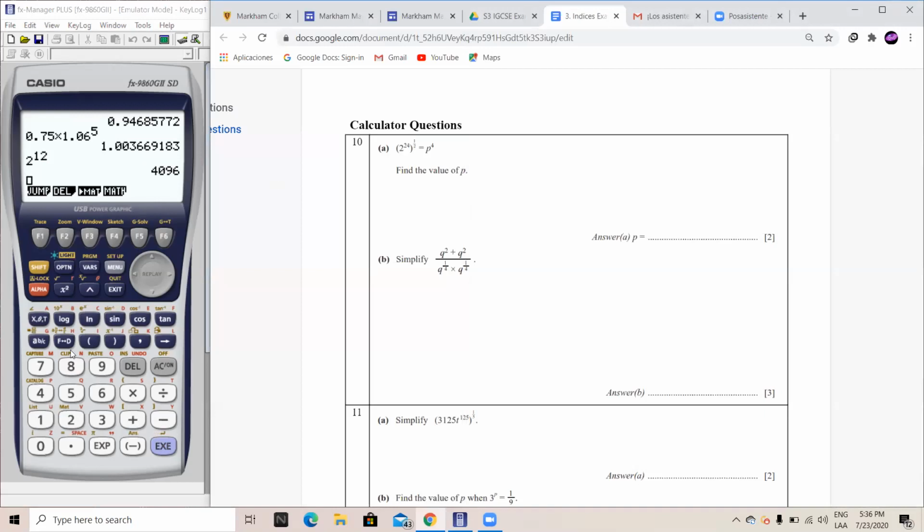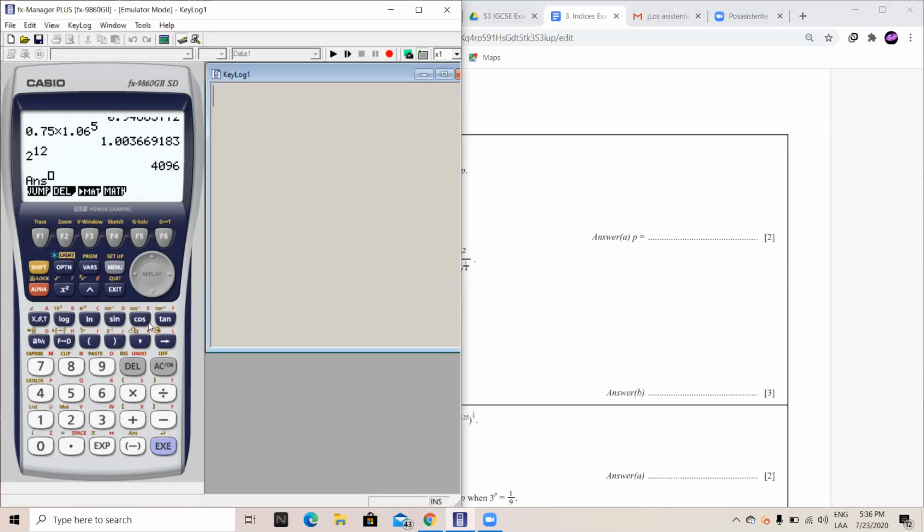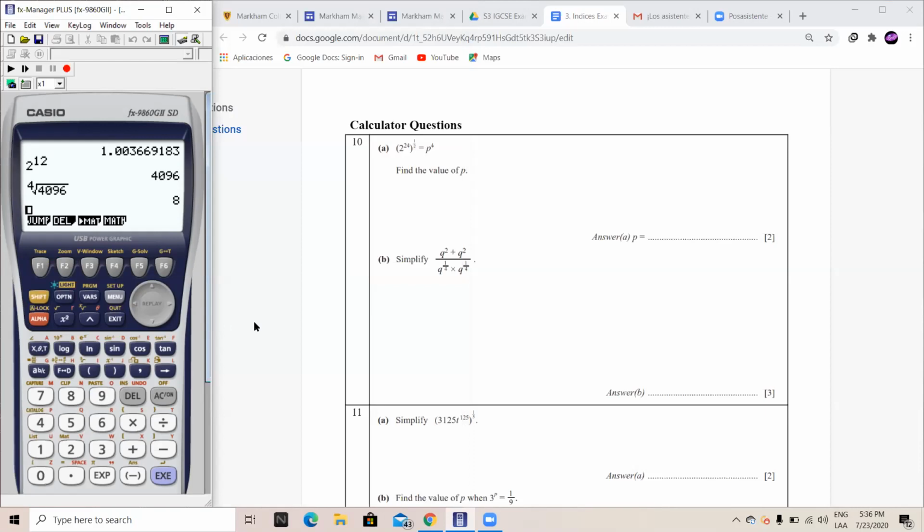So to get p, you would press shift, root 4 of 4096, and this would give you 8, which is the same as Mateo said, the final answer. Yes, perfect. That's another way of solving.